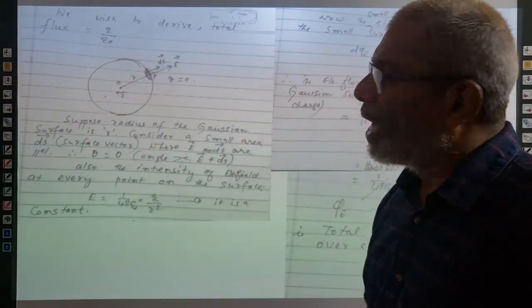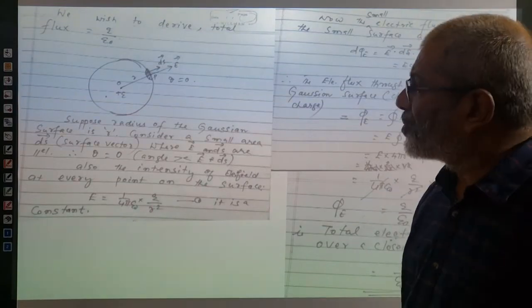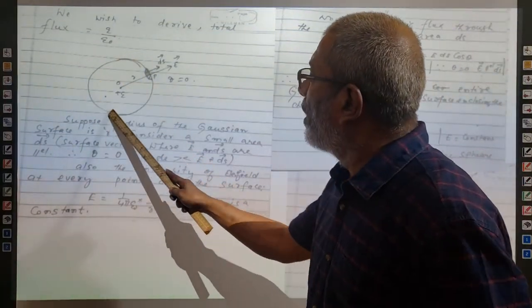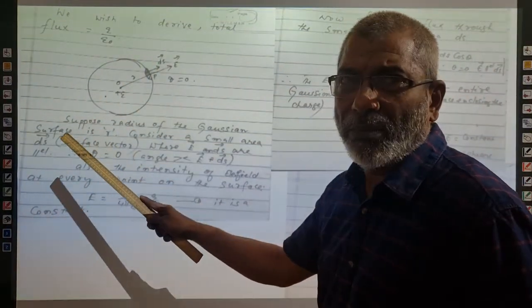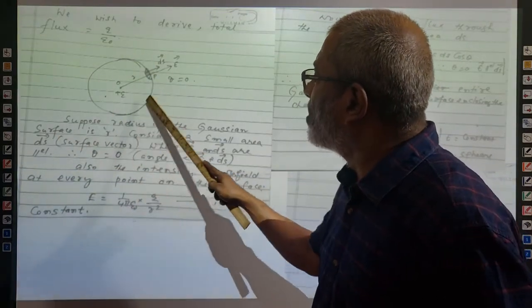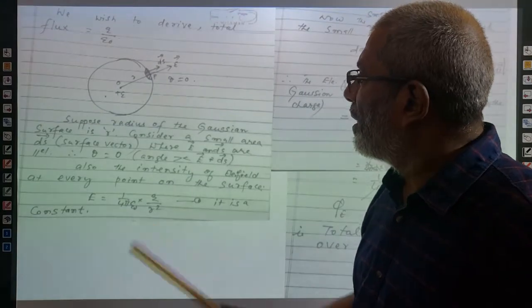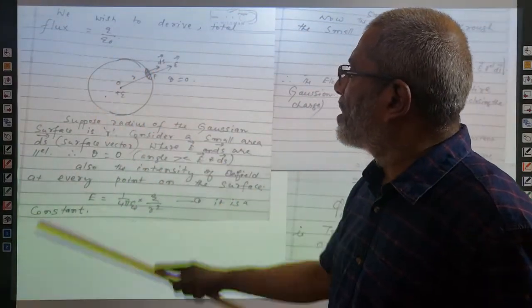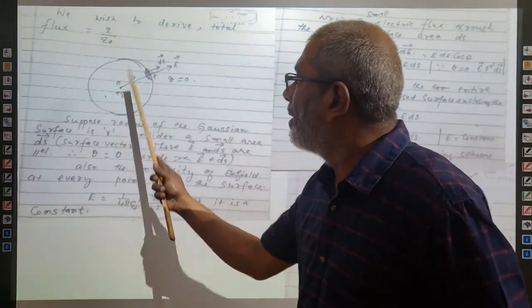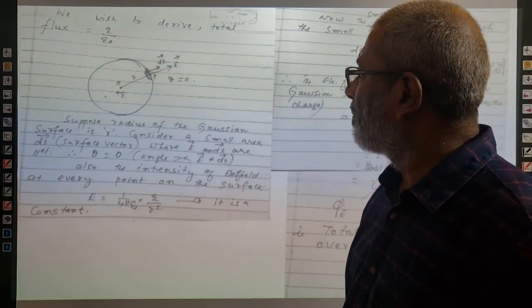This sphere has radius r. We wish to derive the total electric flux through this surface when this charged particle is enclosed by this surface. This surface is a spherical surface; for convenience we are taking the surface as spherical in shape.